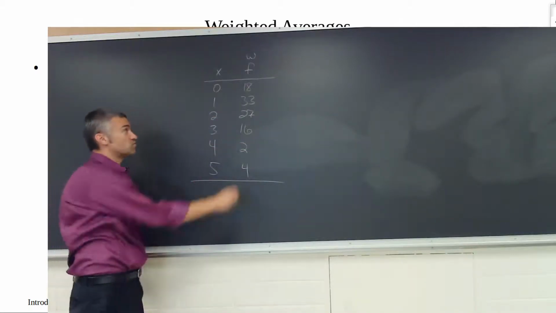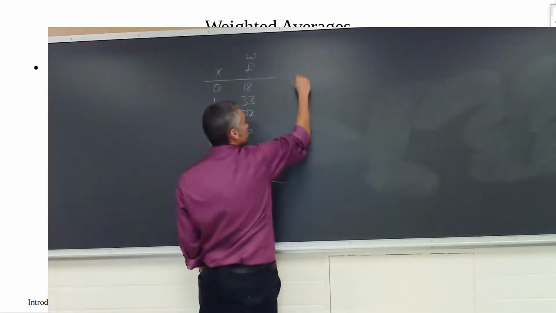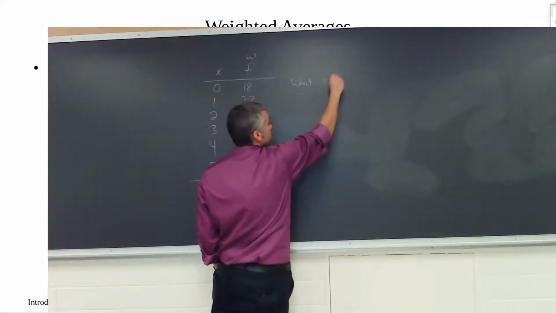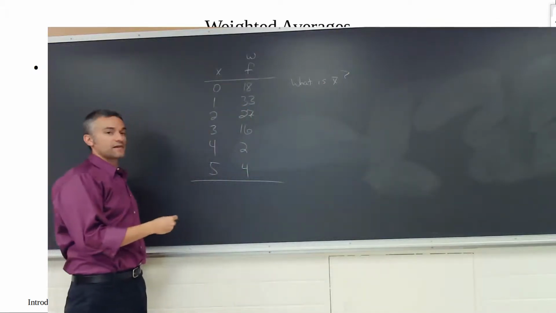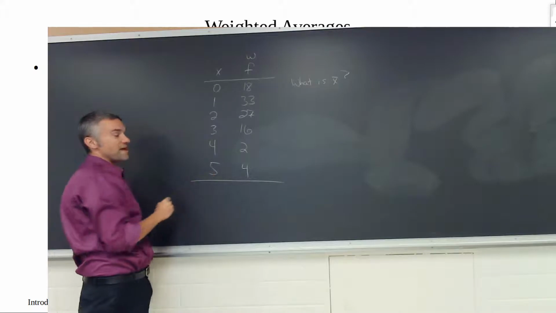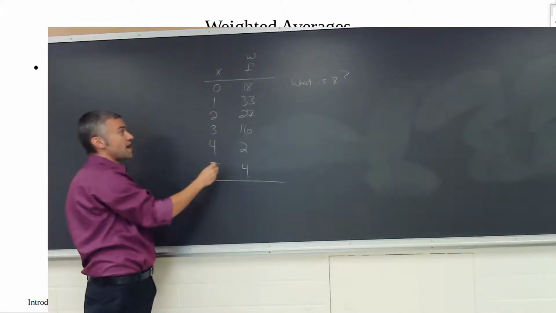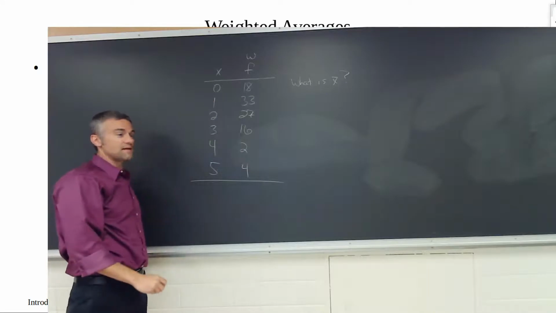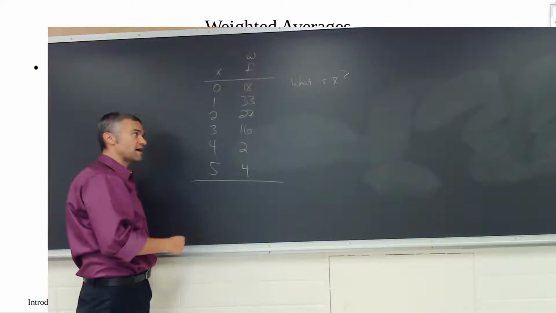Because what we want to do is find the average of x. What is the average of x? We want this column, but we have different weights. We have 0, 1, 2, 3, 4, and 5, but we have 33 ones in that data set. We want to account for that. We only have 2 fours in this data set. We want to account for that.